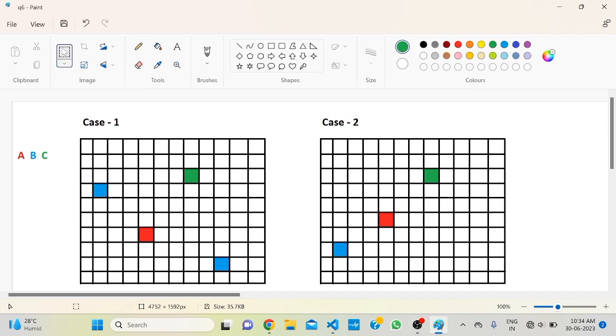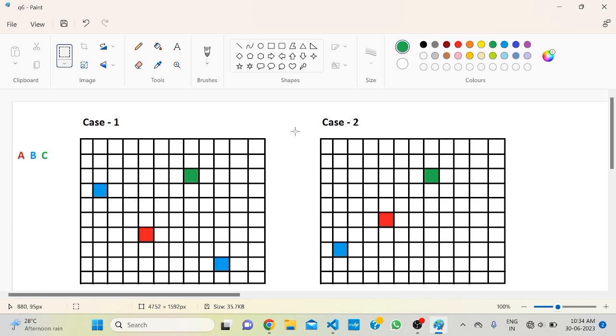So now look, previously all the three, A, B, C, are here in cell A. Now Bob will have to go to the blue one and Carol has to go to the green one. So you can easily see that only two cases are possible.